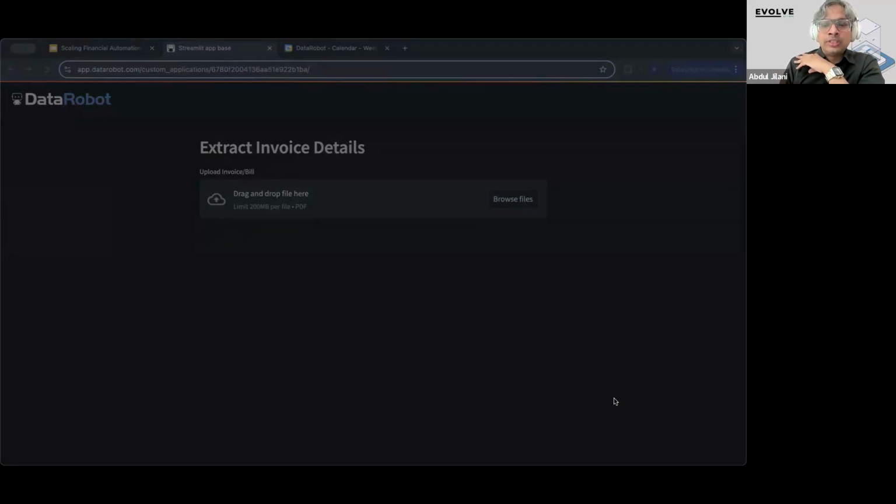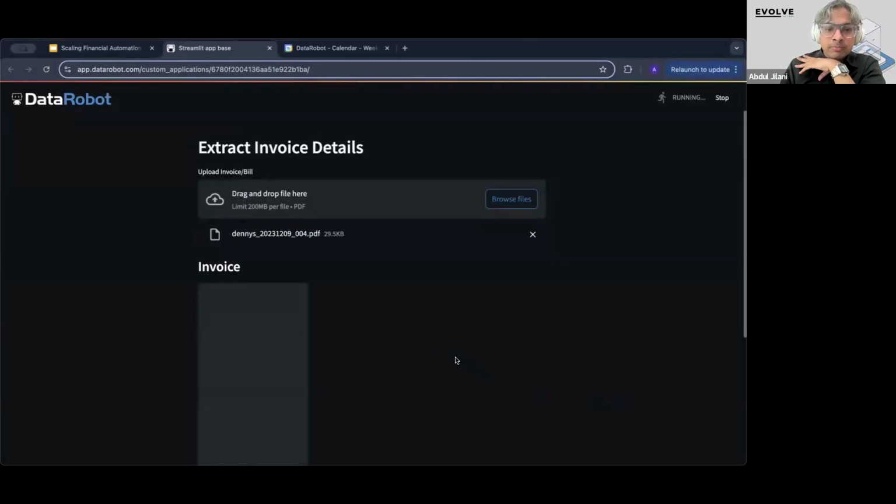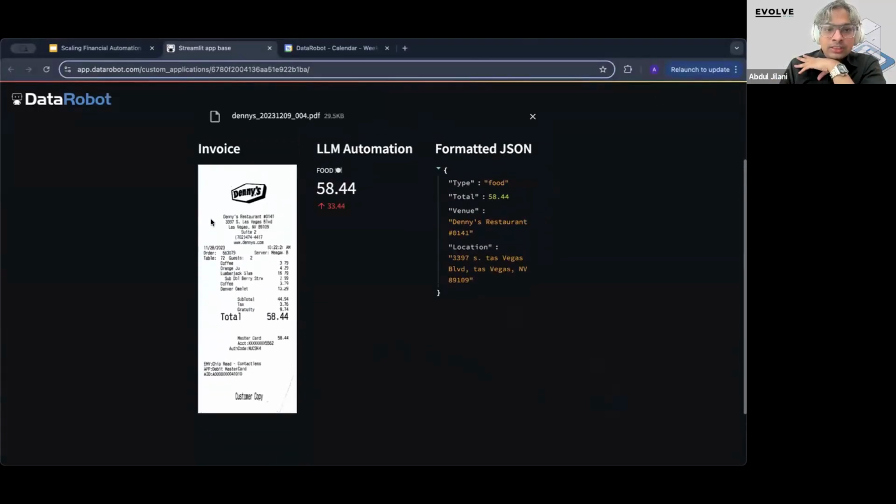So I just upload the PDF or the photo of the bill. So as you can see, the LLM is able to classify which particular category they should come in, what is the total in the bill, and then I could write some business logic of it exceeding some threshold.